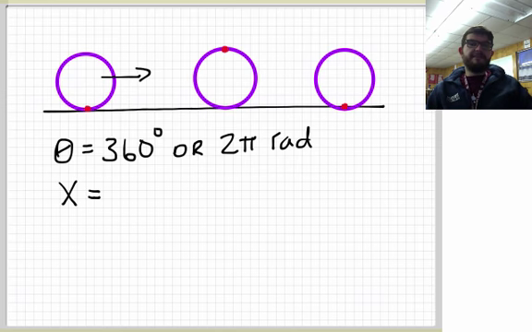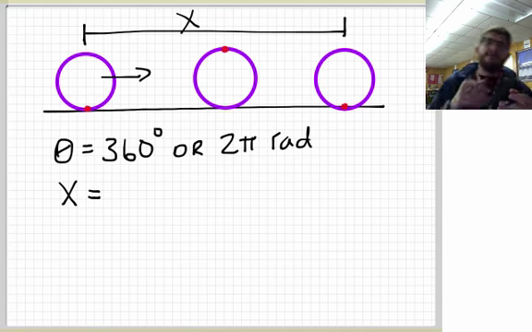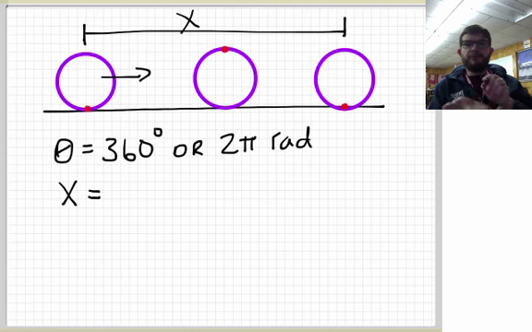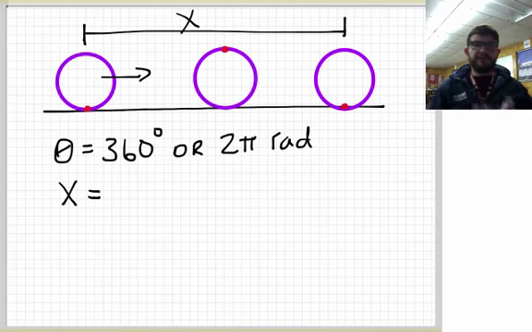An even more interesting question, because this is a rolling ball, would be: how far has the ball actually traveled? Well, if you think about it, because the ball is rotating on the outside, that means that the distance it's traveled is equal to one whole circumference of the circle, because as the ball rotates, it covers every single surface of that ball.